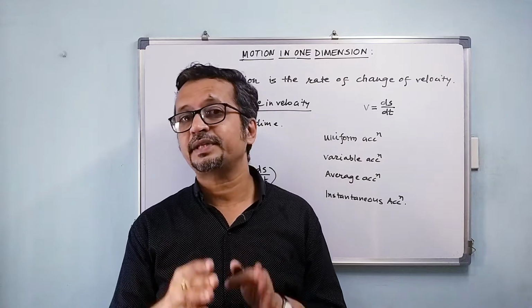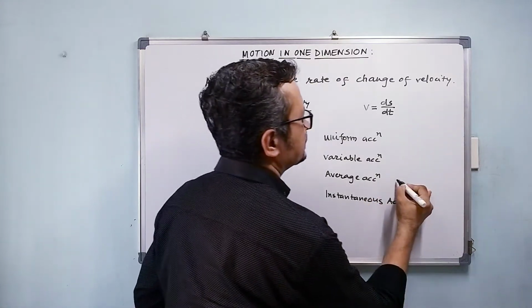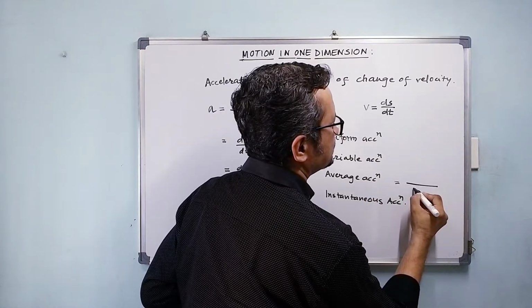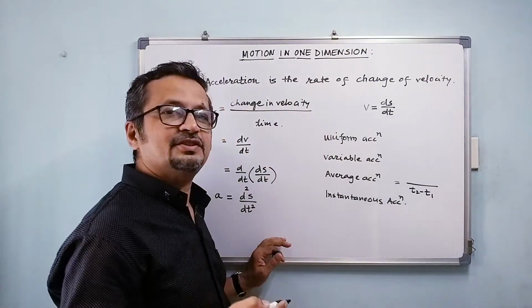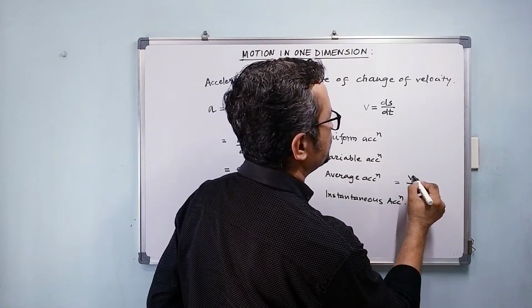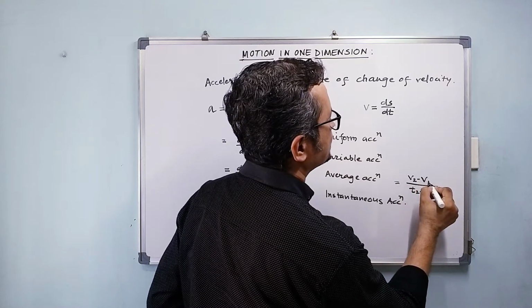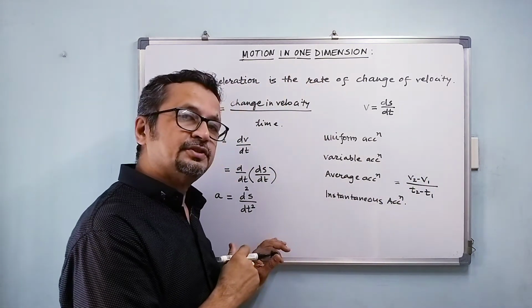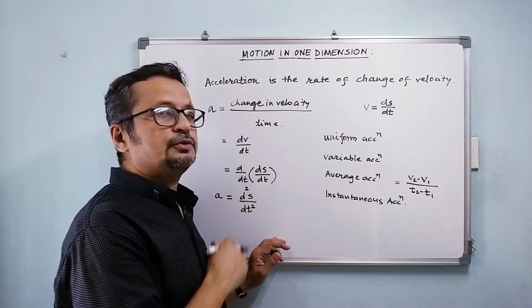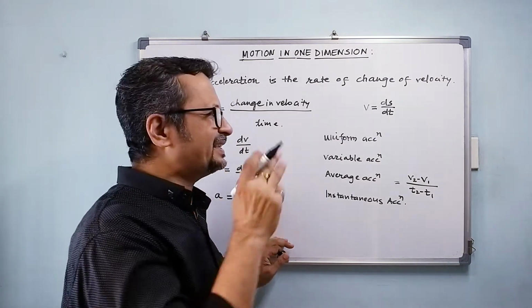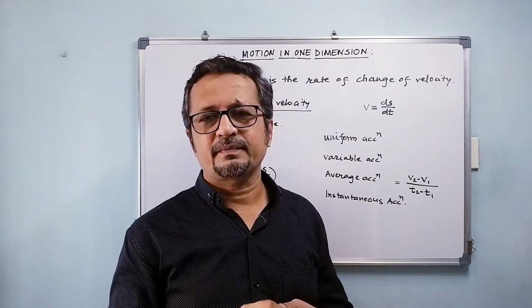So what is the time taken? My time taken is t2 minus t1, and my change in velocity is v2 minus v1. So my average acceleration would be equal to v2 minus v1 upon t2 minus t1. So it is basically delta v upon delta t.